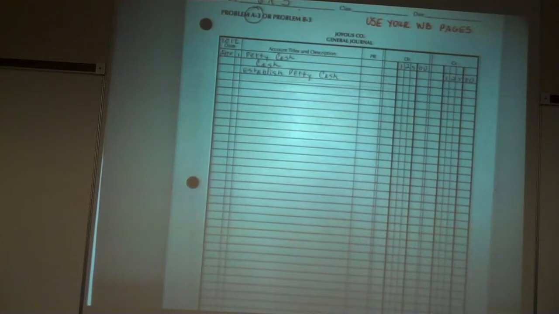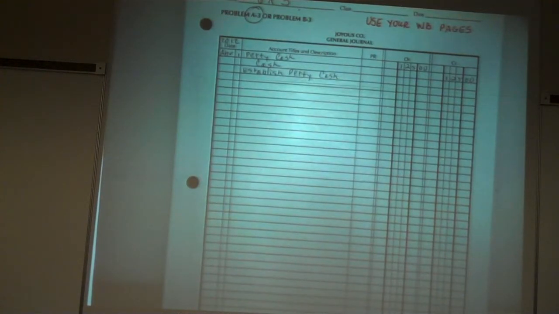When we establish the petty cash, it's just when we start it up. Another word for starting it up was just establish. When we establish the petty cash, that's when we use that account. We don't use that account again unless we wanted to change that maybe to $150. Then we could do this same transaction for $25.